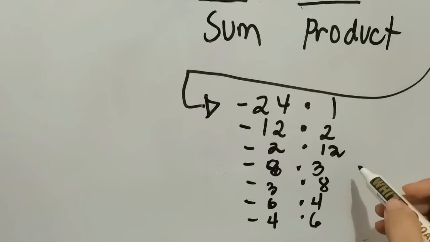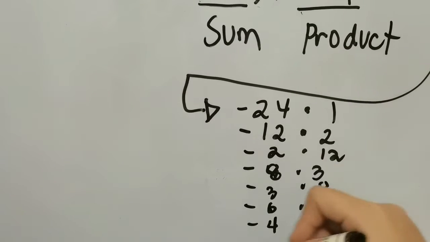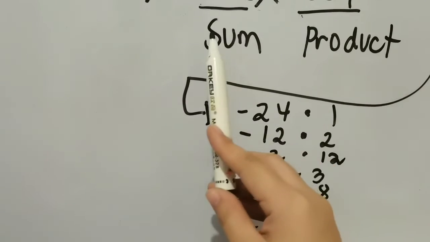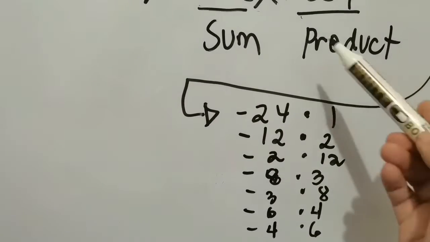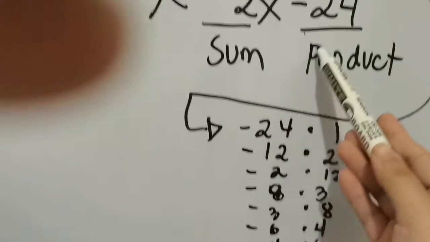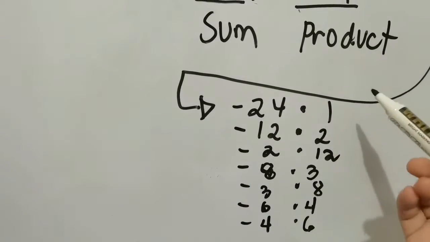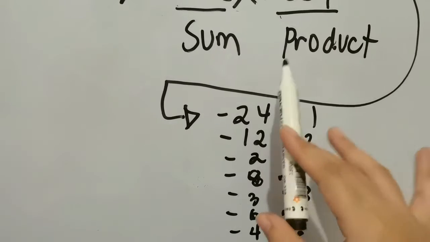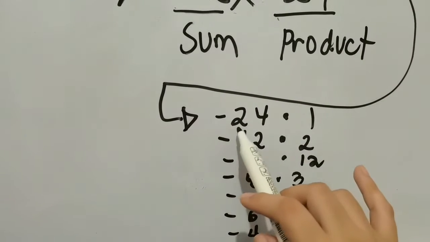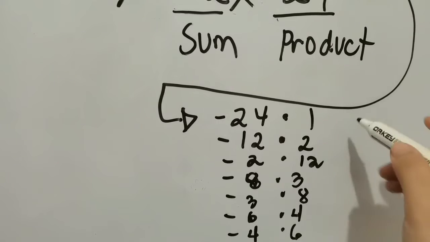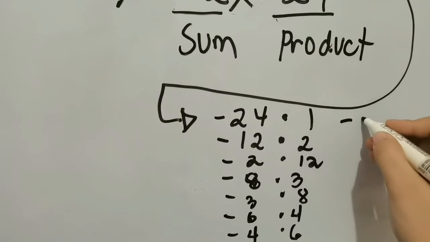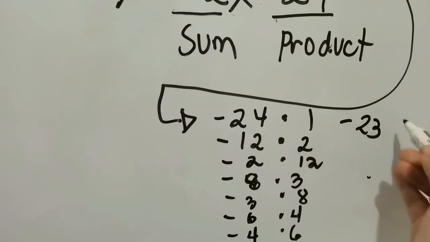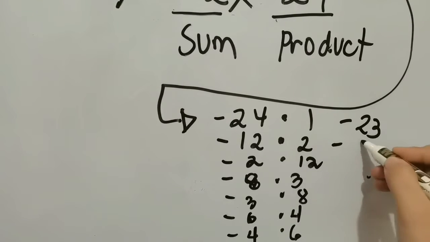Okay, let us now find out which of the following factors has the sum of negative 2. So negative 24 plus 1, that is negative 23. Negative 12 plus 2, that is negative 10.